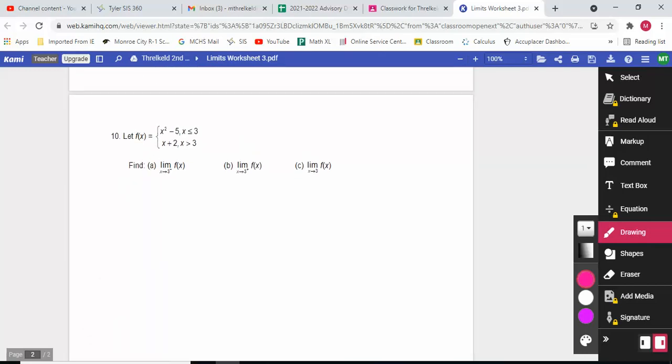Last question. Let's graph this piece, guys. So my breaking point is 3, so we have to plug that in. So if I put a 3 in the top, 3 squared is 9, minus 5 is 4. It had an equal to, so closed circle. Then I want x less than that, so if I put in a 0, then you get 0 minus 5, which is negative 5.